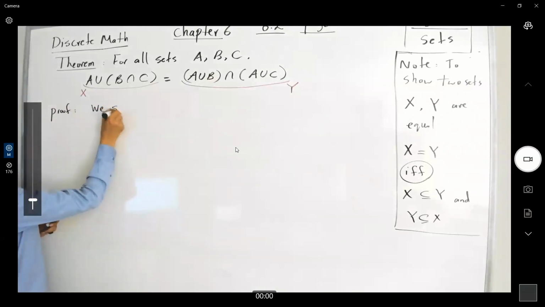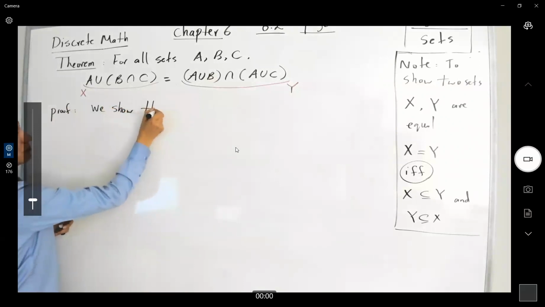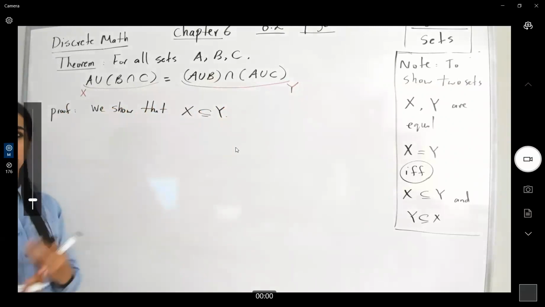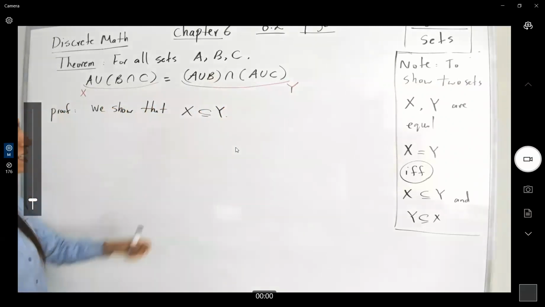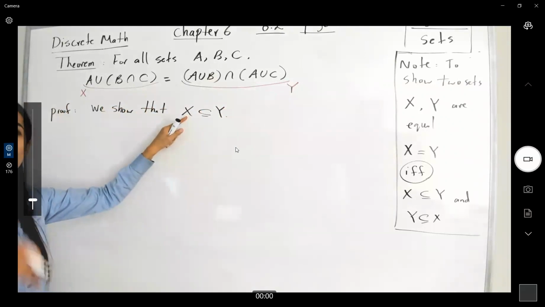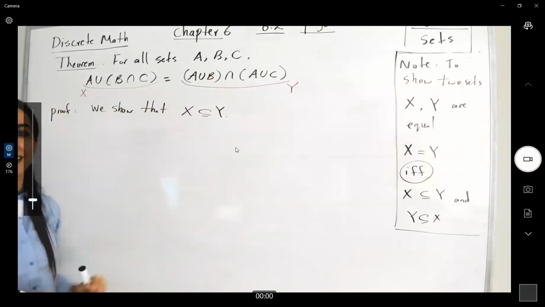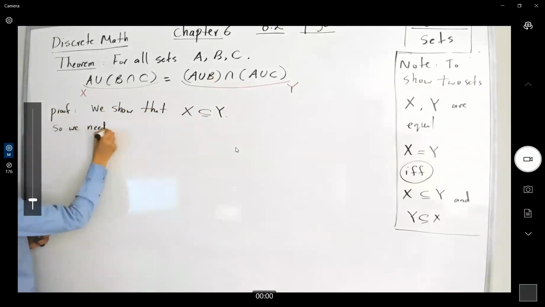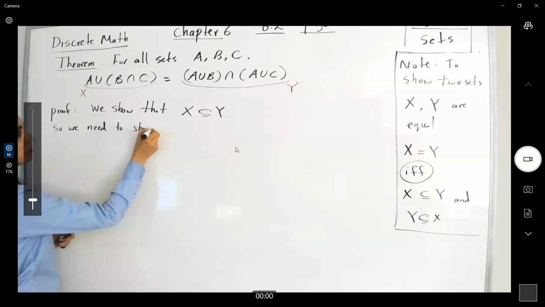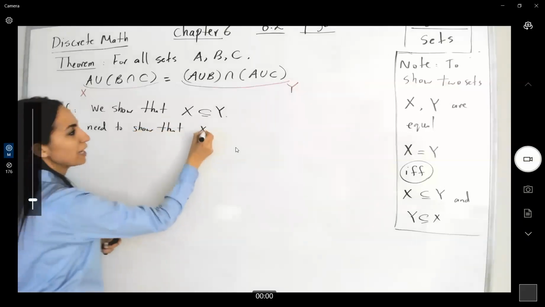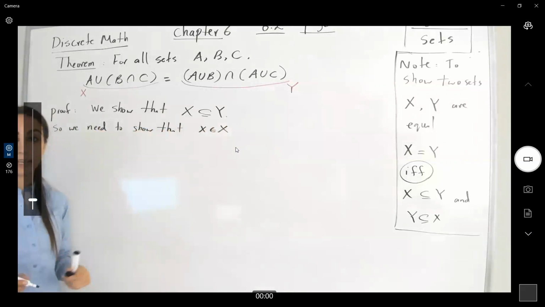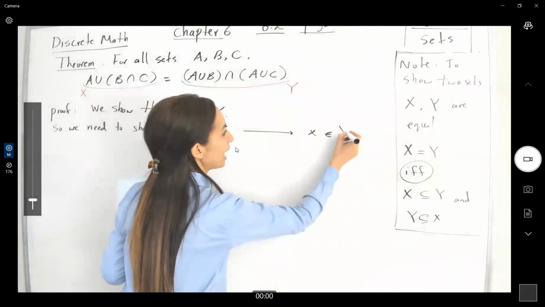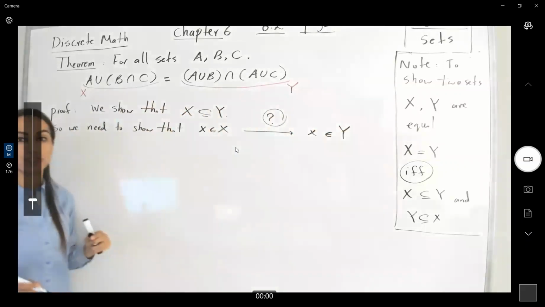To show that X is a subset of Y, we need to show that any random element in X lands in Y. So we need to show that for any random element like x in set X, that element lands in Y. Let us put a question mark here.